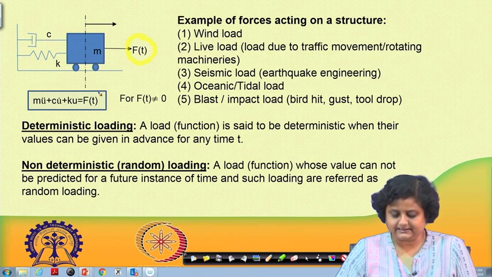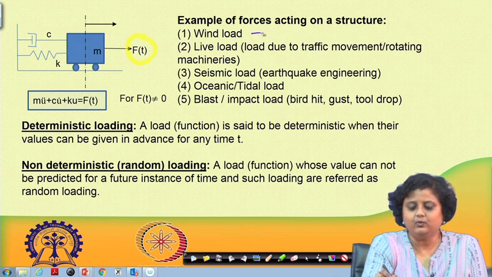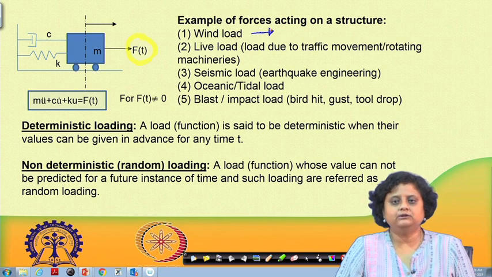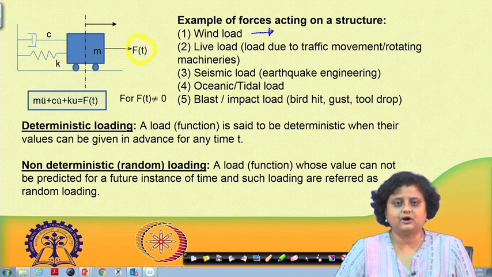The first thing that can act is a wind load. All these tall buildings and bridges experience wind load, and the structure needs to be designed for such wind loads. Another new problem that we have to tackle, which is getting a lot of interest from structural dynamics people, is the problem of windmills.